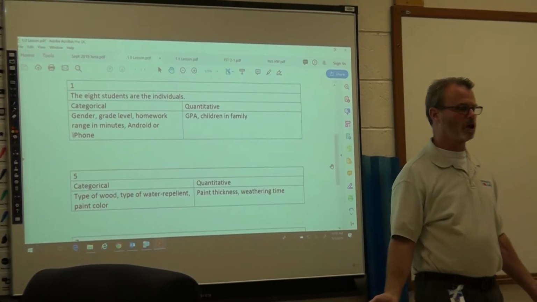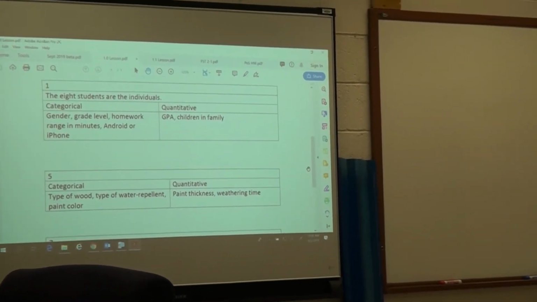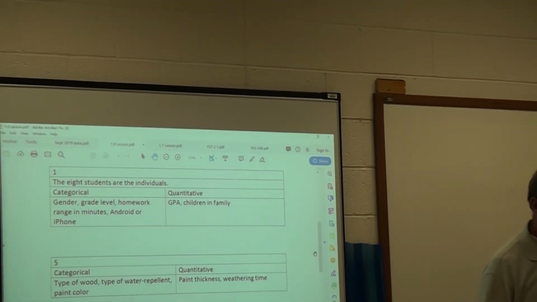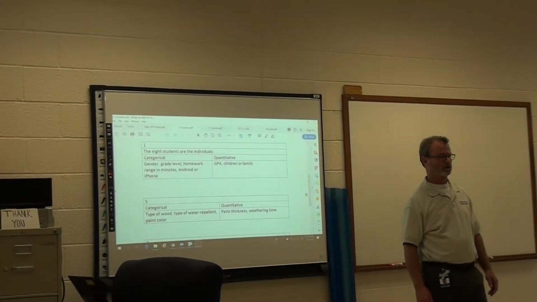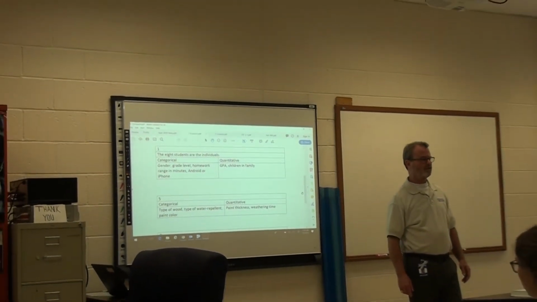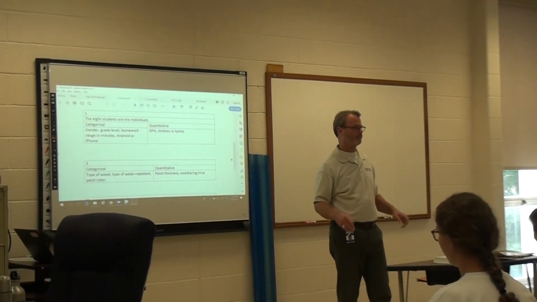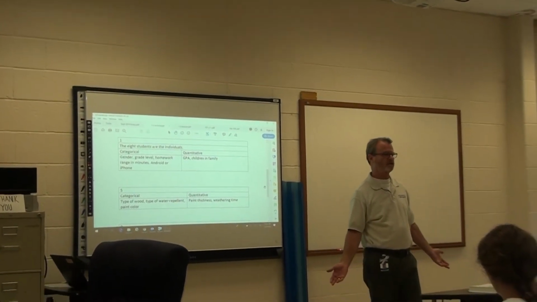And really the only value to that question is if you look at the 5th column. The 5th column is homework last night in minutes. So even though they're numerical values, it's not quantitative. Why not? Because it's a range, correct.